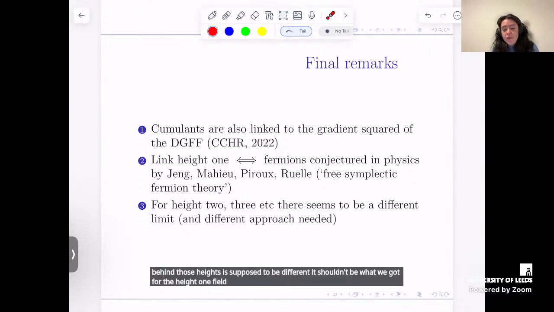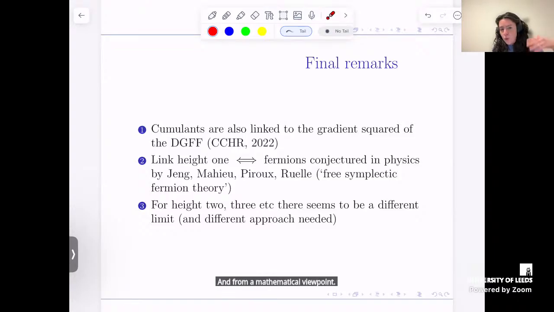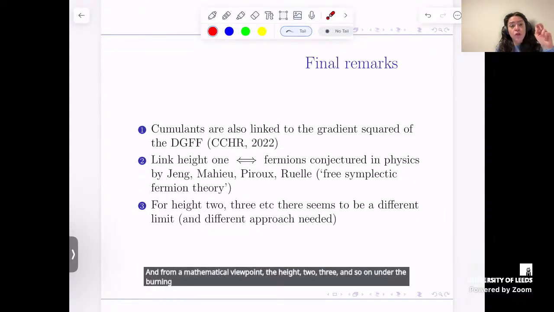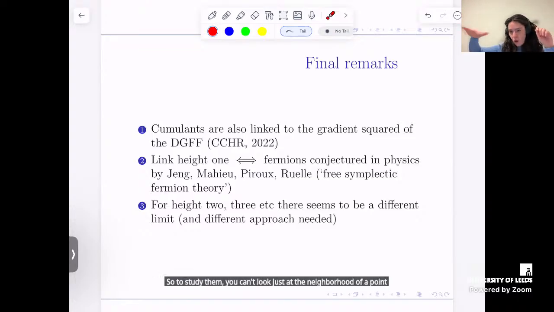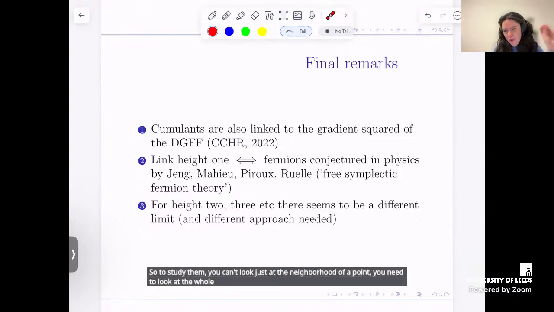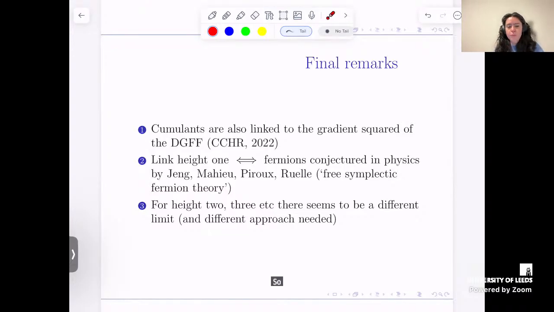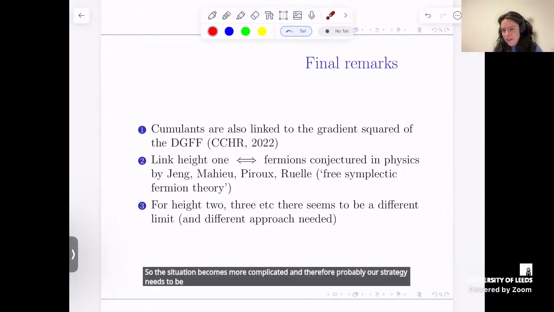And from a mathematical viewpoint, the heights 2, 3, and so on, under the burning bijection, become non-local events. So to study them, you can't look just at the neighborhood of a point. You need to look at the whole tree to know whether you have height 2, 3, whatever, or not. So the situation becomes more complicated, and therefore probably our strategy needs to be rearranged to obtain limits there.